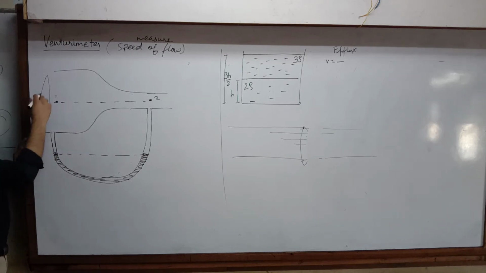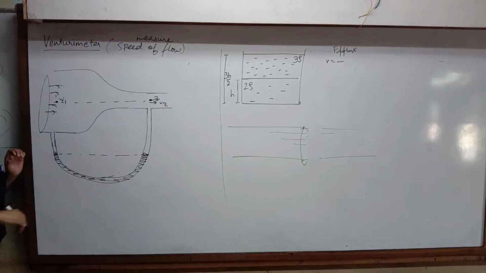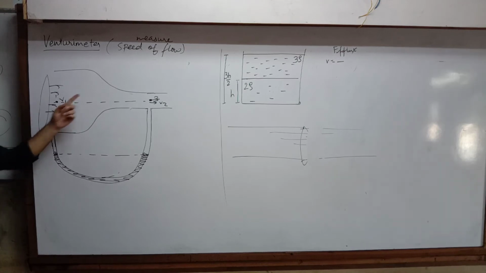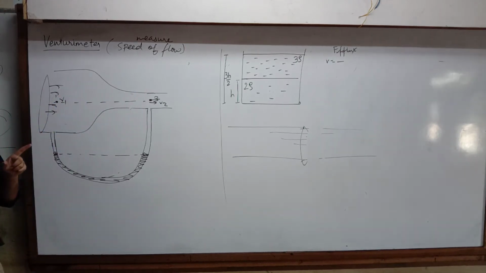But now suppose that fluid is flowing. Here let's say speed is V1 and here let's say speed is V2. In which case will the speed be more, in the broader section or in the narrow one? Narrow it is more, by the equation of continuity, A1 V1 equals A2 V2. So here speed is more.